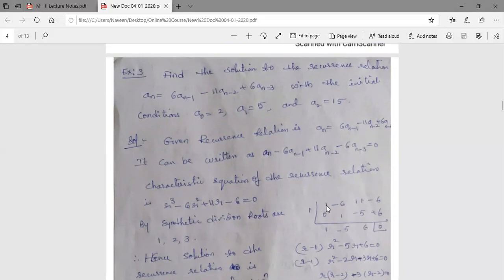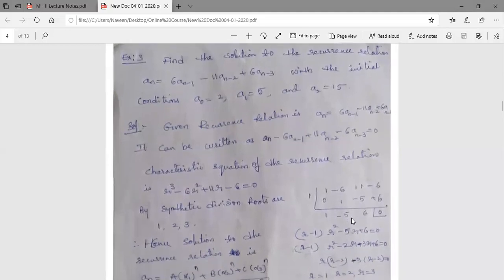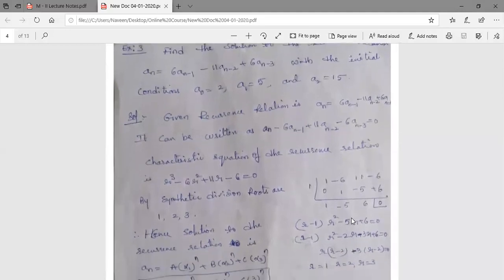I have solved here how to find the roots of this equation. The quotient is 1, minus 6, 11, minus 6. So 0, 1 plus 0 is 1, 1 into 1 is 1, minus 5, plus 6. Yes, this can be written as 1 is a root of this equation: (r minus 1) into (r^2 minus 5r plus 6) is equal to 0.